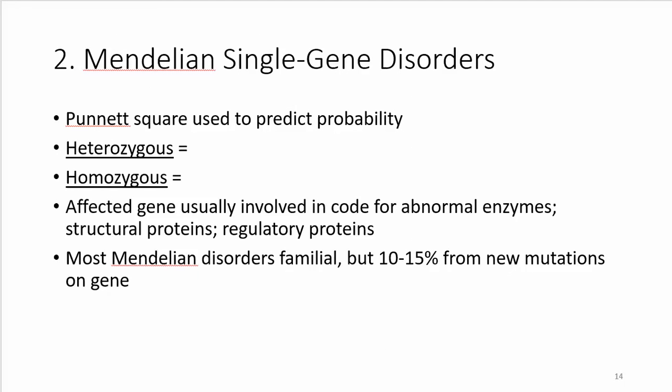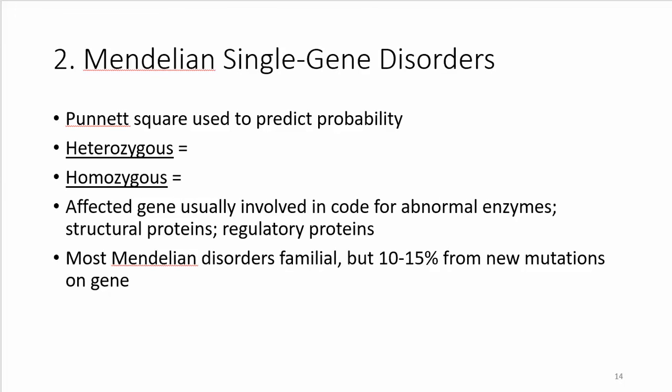Okay, the next thing we're going to talk about are the Mendelian gene disorders. So the single gene disorders. And we'll talk about Punnett squares in a second. So there's a couple of definitions. Heterozygous and homozygous.